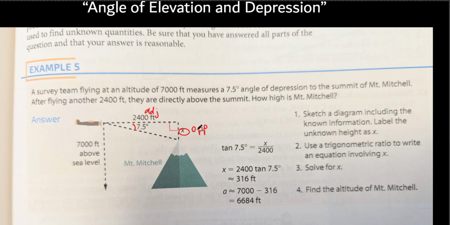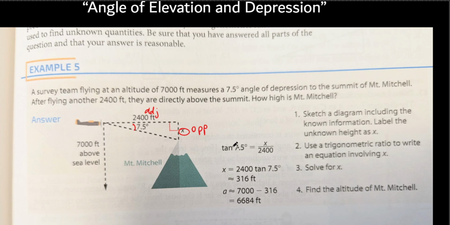Which trig function are you going to use? It's SOHCAHTOA, right? Which one is this? This is the O and the A, and that's the TOA, so it's the tangent. That's why they use tangent right here. Everybody with me?